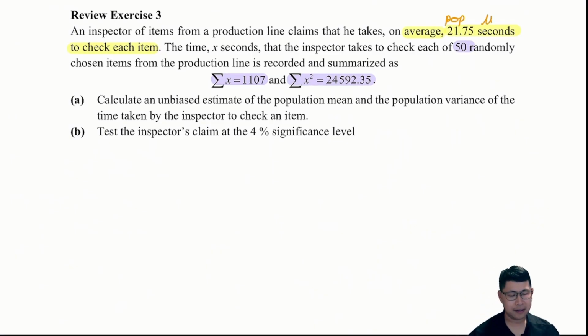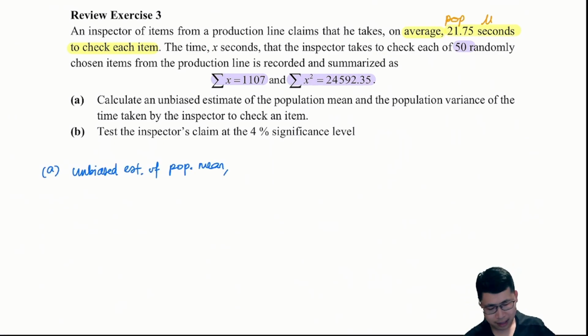They never give us the standard deviation. So for part A, we make use of the unbiased estimate for our standard deviation. Let's do part A first. The unbiased estimate of the population mean: the population mean is mu, we want to estimate it, so it's mu hat.